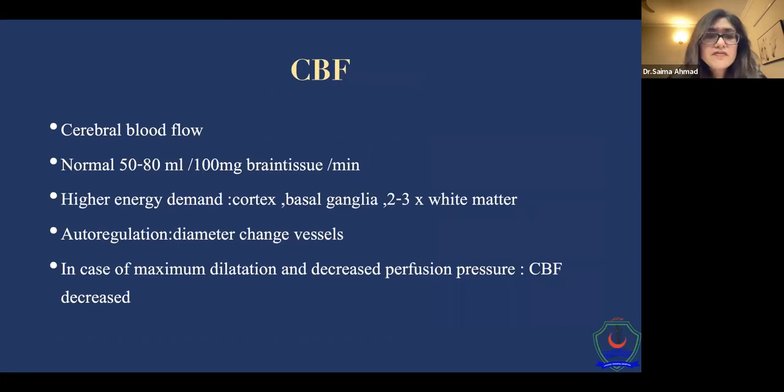Now, the CBF is the cerebral blood flow. It's normally 50 to 80 ml per 100 gram of brain tissue per minute. In the cortex and the basal ganglia, the demand is always higher, and it is usually controlled by autoregulation. So in the case of maximum dilatation due to autoregulation, there is a decreased perfusion pressure and cerebral blood flow is decreased.